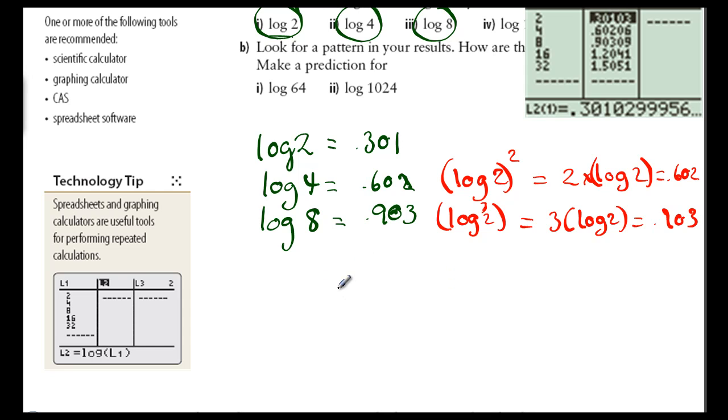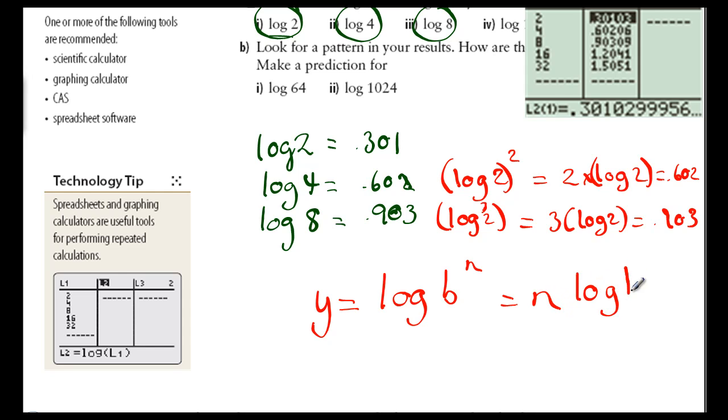So this really, if we simplified this and took the numbers out, becomes the foundation for the power of log law. And what it says is the following. If we have a log equation with some base to the power n, then we can rewrite it as that same power times the log of b.